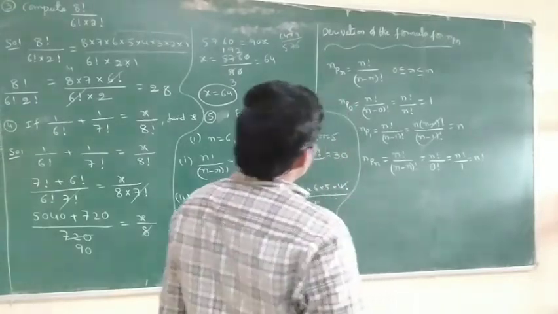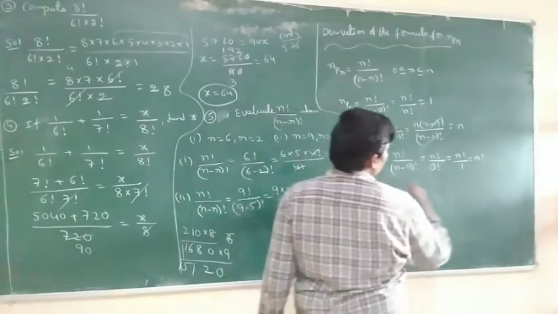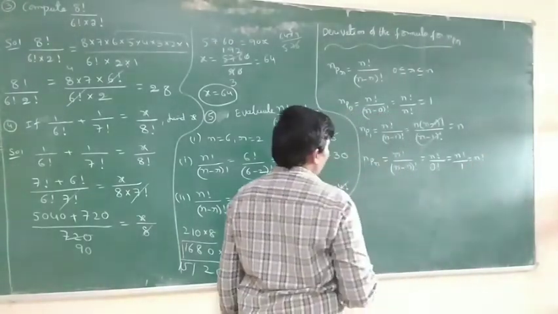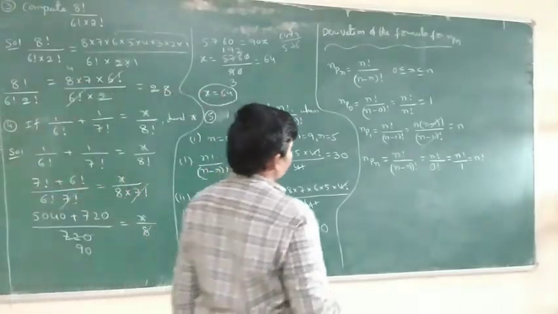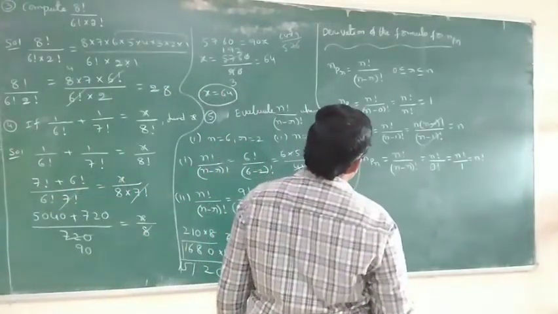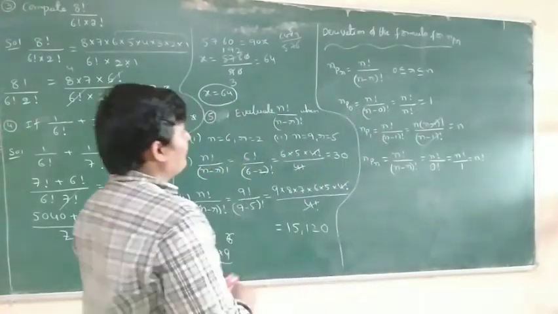So nP0 is equal to 1, nP1 is equal to n, nPn is equal to n factorial. Okay, so these are some results: nP0, nPn. Okay, clear?